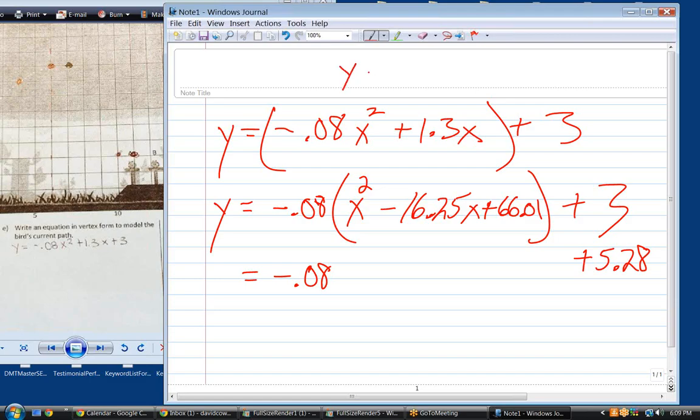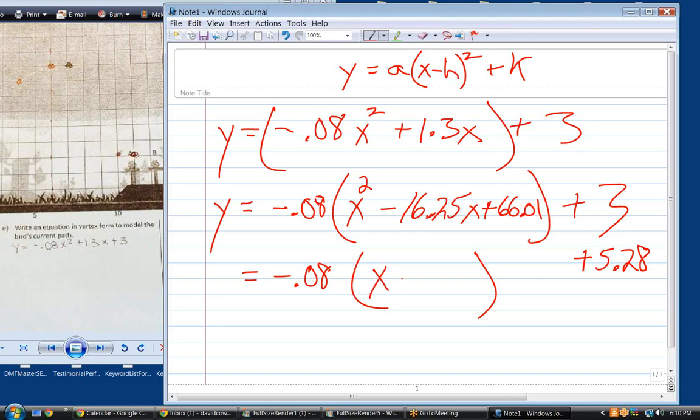Notice vertex format is a times what? A times, oh, I don't know. (x minus h) squared plus k. Uh-huh. So if we can write that as (x minus h) squared, we're home free. Now, the whole reason you complete the square is so that you can do that.